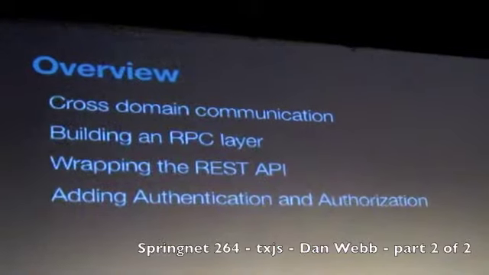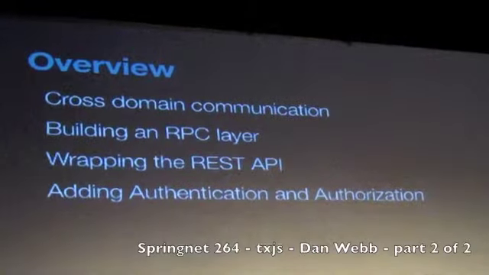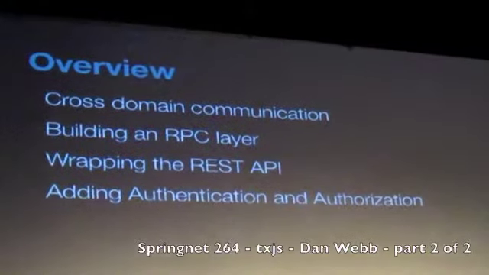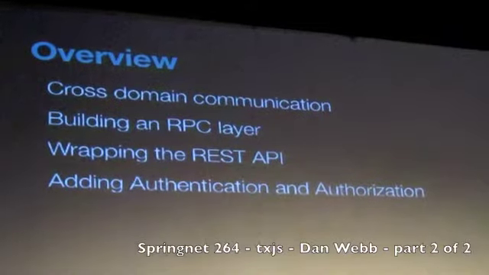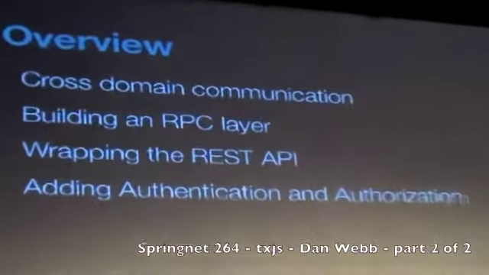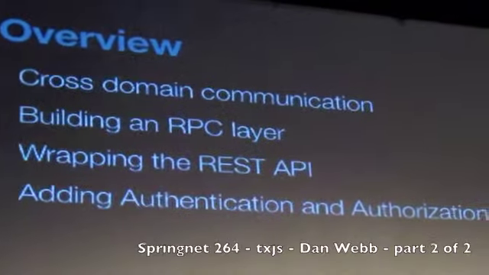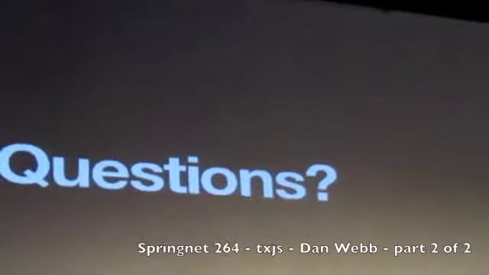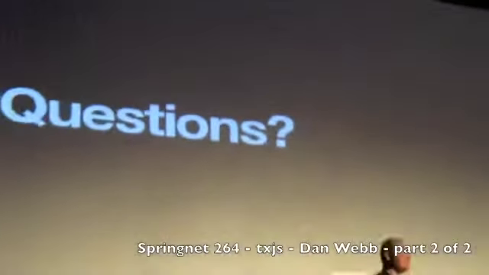We talked about cross-domain communication, layering the RPC layer on top of that, wrapping the REST API, and then finally how to add authentication and authorization to that. And that's me. We've got about 10 minutes or so for questions, if you have any.